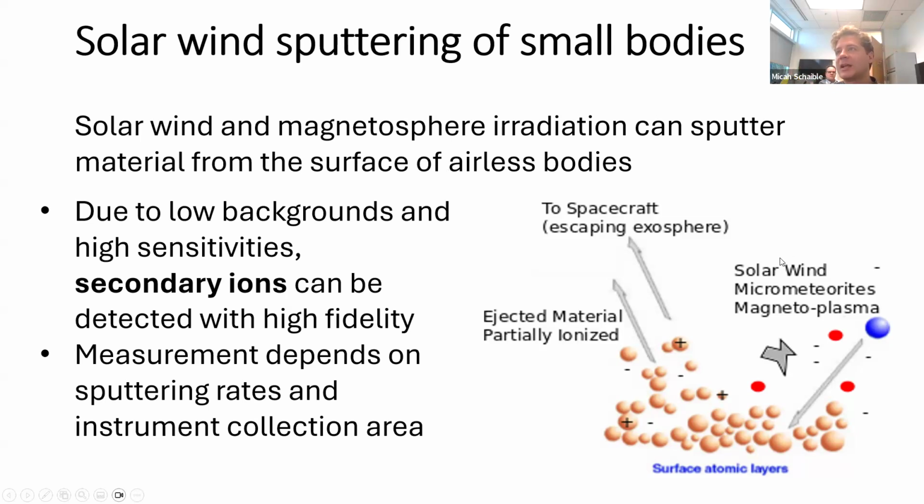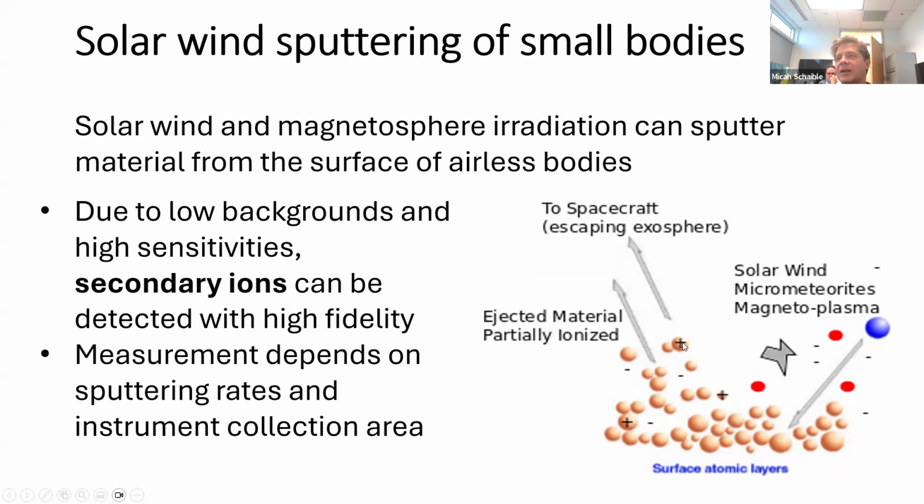So the way that works is the solar wind comes in, smacks into the surface atomic layers, and produces a collision cascade, which then transfers the energy of the primary ion to the target atoms. The interaction of that primary ion with the target atoms can transiently ionize certain species, and if those species are near enough to the surface, they can leave in the ionized state.